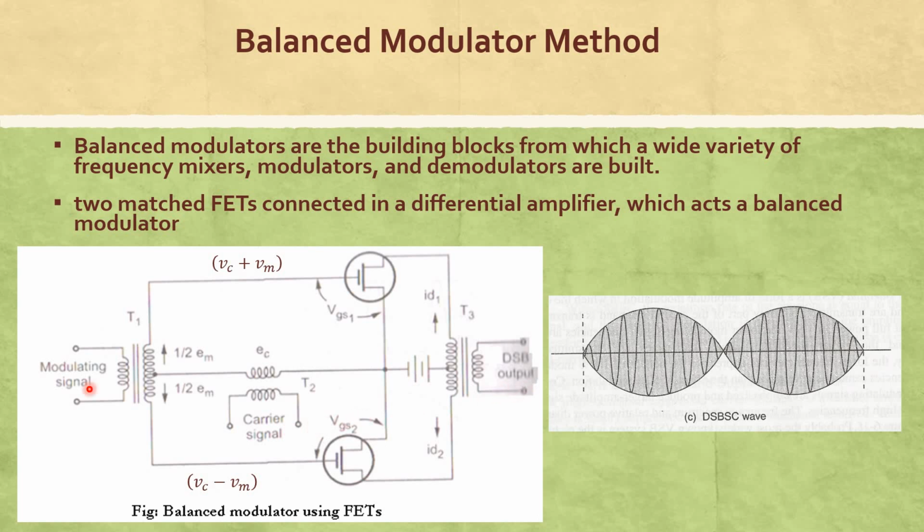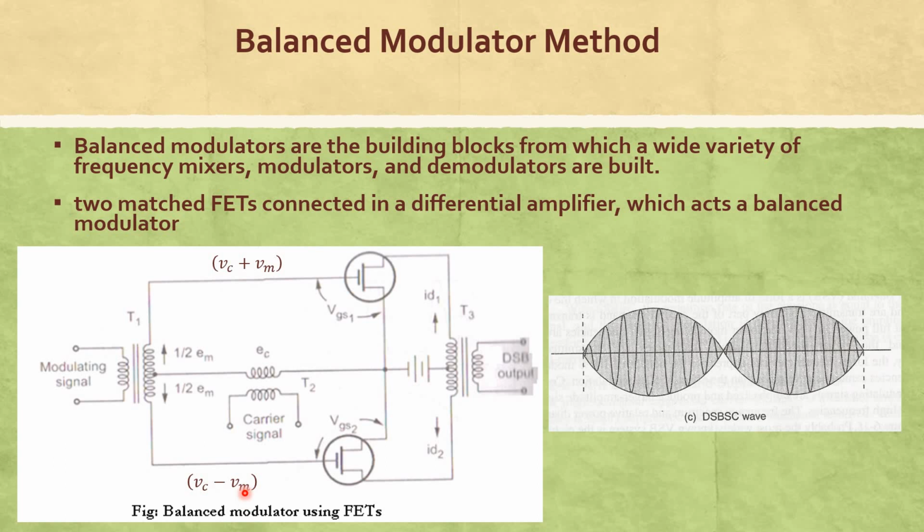When we apply a modulating signal along with the carrier signal, in this situation the modulating signal is applied to both field effect transistors 180 degrees out of phase because we have a center tapped transformer. Here the cumulative effect is V_c plus V_m for the first field effect transistor and V_c minus V_m for the second field effect transistor.